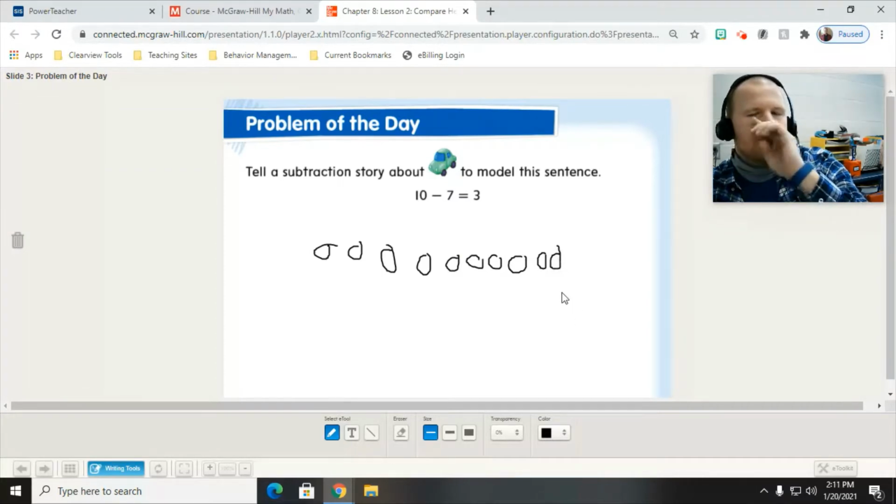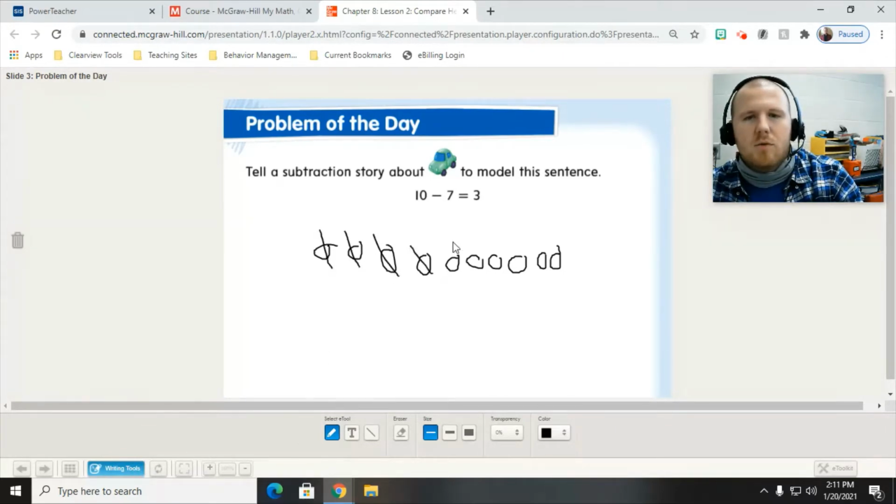All right, so this truck had 10 wheels on it, and it was riding around and saw a big old tree that had a bunch of splinters sticking out, and accidentally ran it over, and it popped 7 of the tires. So let me cross off 7. 1, 2, 3, 4, 5, 6, 7. How many of the tires were not popped? 1, 2, 3. See? That's how it works.